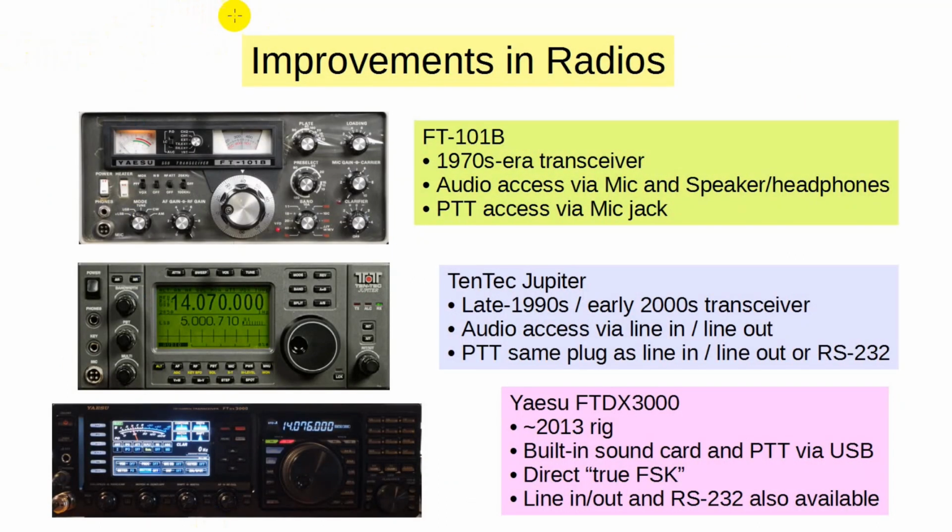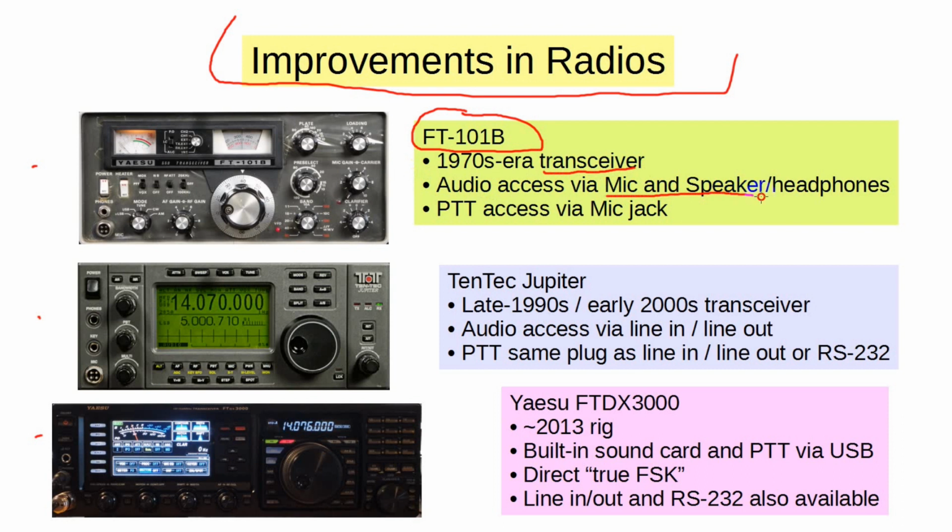Radio manufacturers caught on to the digital mode popularity quickly. Here are 3 generations of radios, all from my collection. The top one, the seminal FT101, which was one of the first full-featured transceivers, offered only the microphone input and the headphone or speaker output for sound.